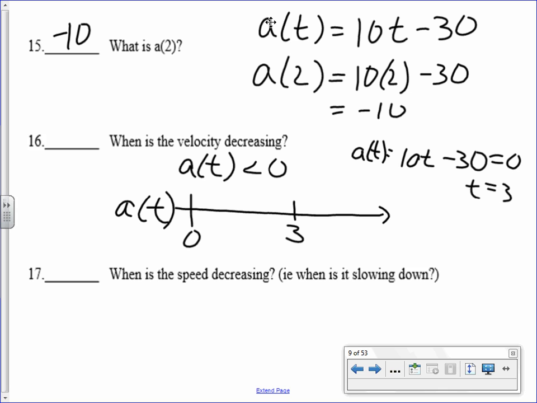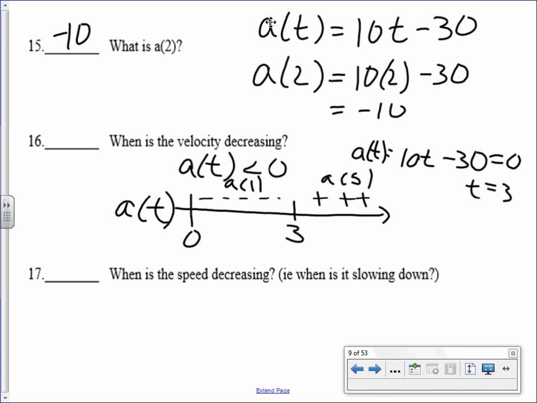It's always defined. You look at times between 0 and 3, plug them into acceleration, like 1. Acceleration at time 1 would be negative. 10 times 1 minus 30 is negative. If you take a time greater than 3, like 5, it doesn't matter which one you pick. You're going to get the same sign. That's the beauty of this. 10 times 5 minus 30 is 20, so that's positive.